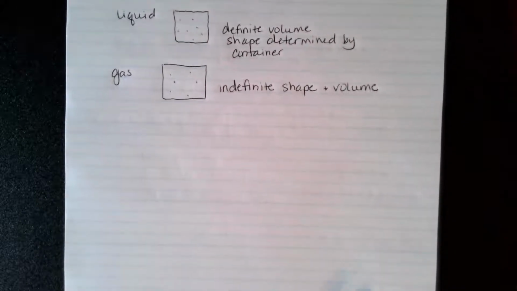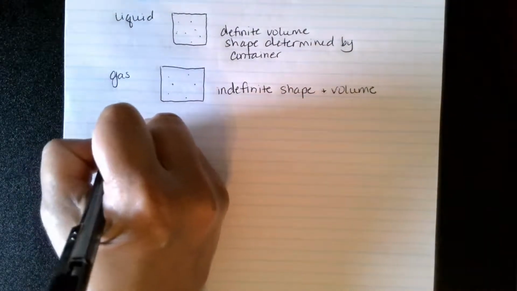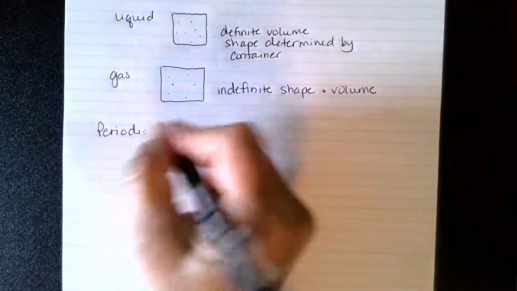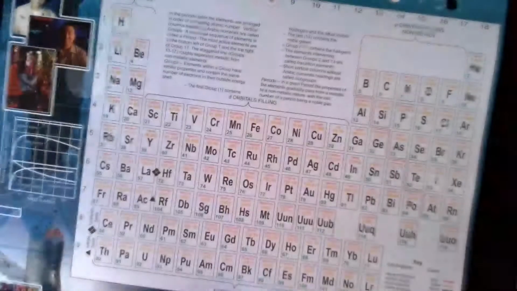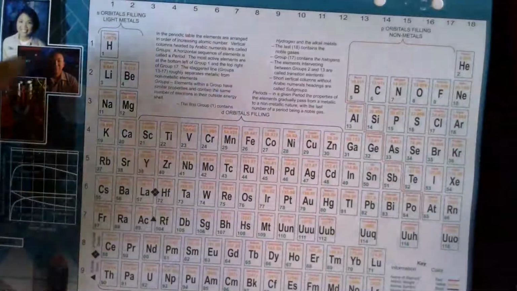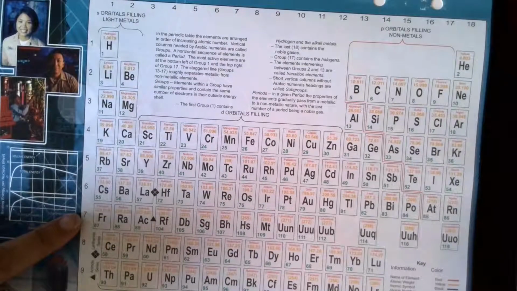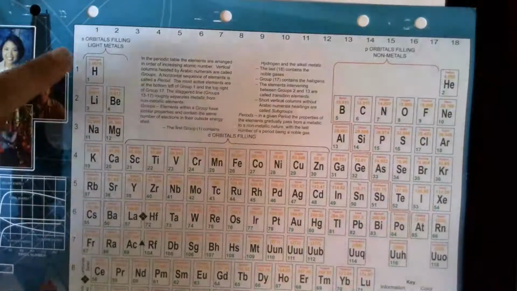Alright, then we go on to the periodic table. Our periodic table is arranged into periods, which we're going to find here along the side. So there are 7 main periods, and then our groups are going to be across the top.